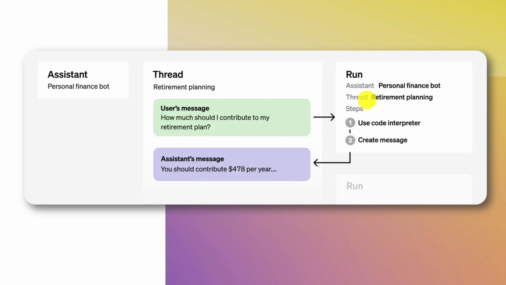So the assistant runs the thread basically. And here the assistant decides to use the tool code interpreter. So it has written some Python code, and the result of that Python code is going to be used to put a new message on the thread here. And then you, as a developer, you can decide to display that message any which way you want.